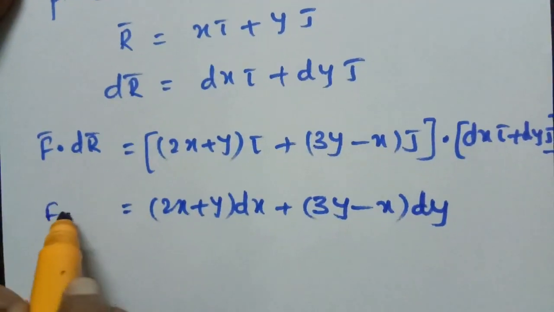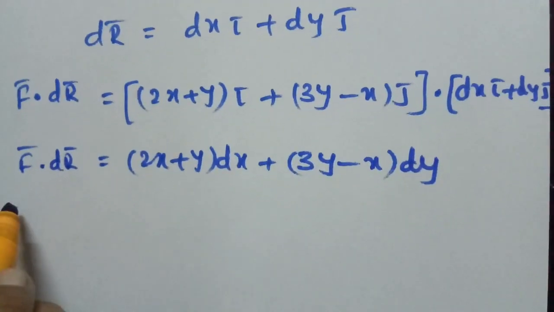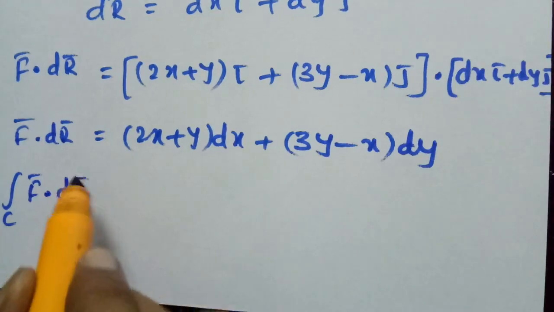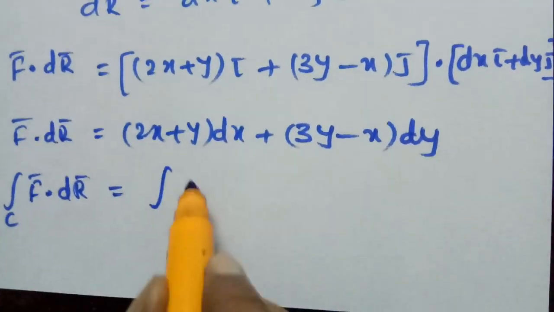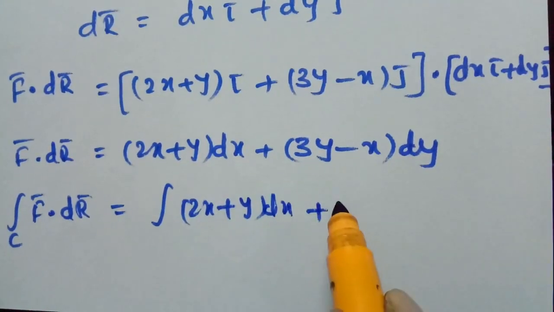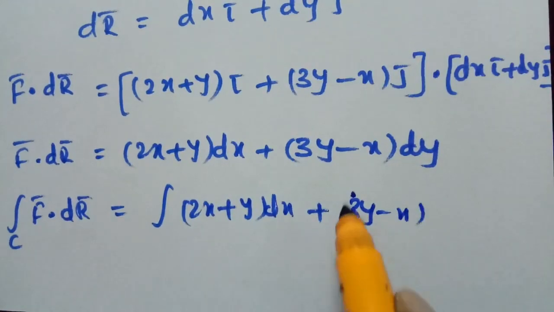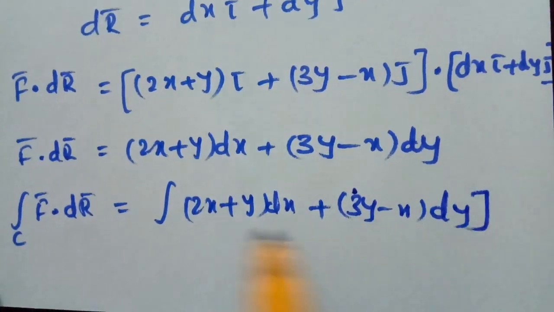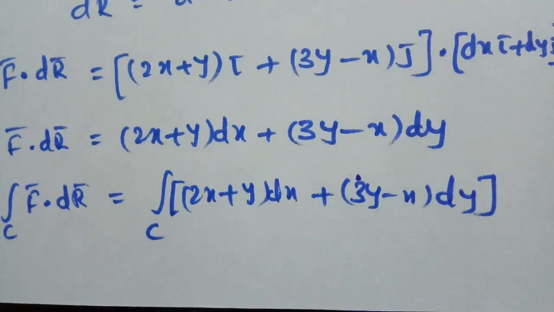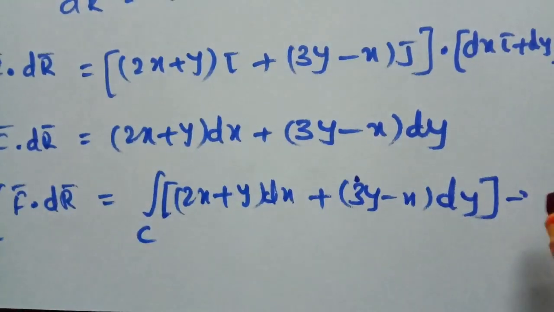This is f bar dot dr bar. Now the integration over C of f bar dot dr bar is equal to the integral over C of 2x plus y dx plus 3y minus x into dy.